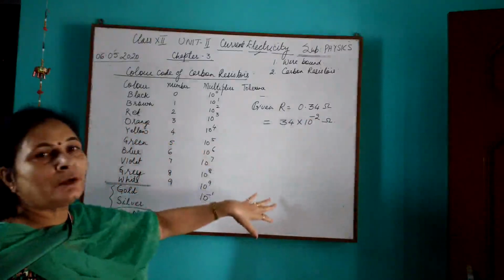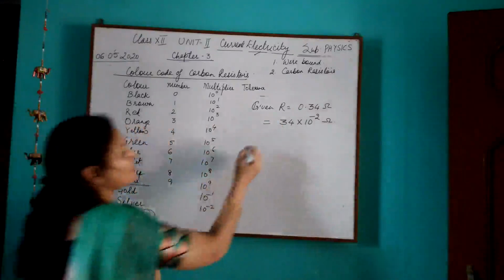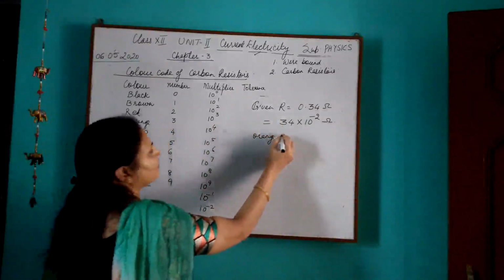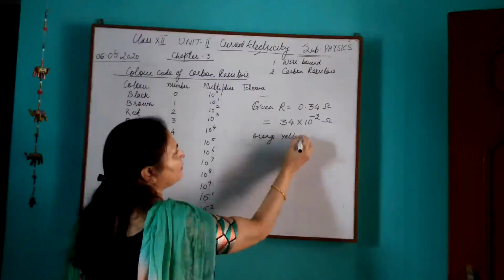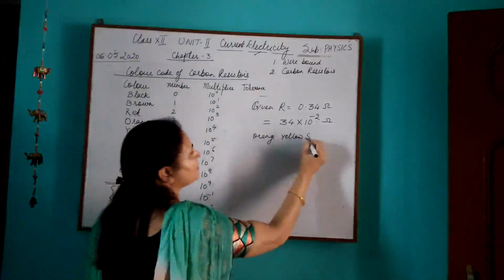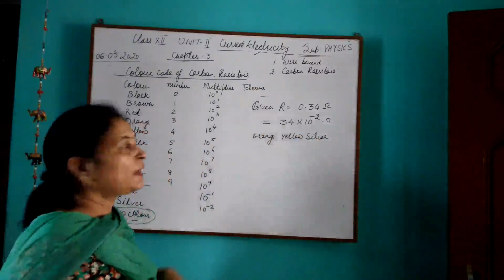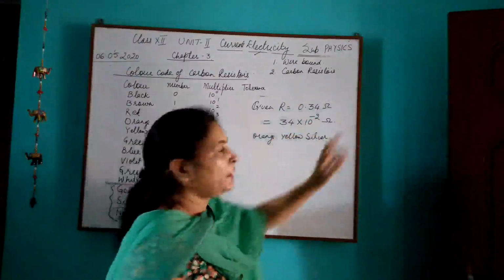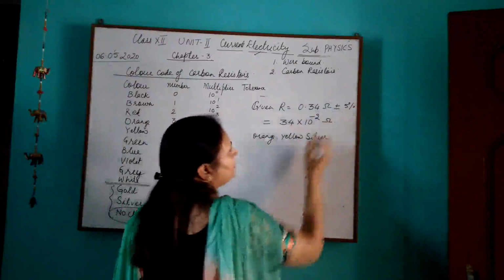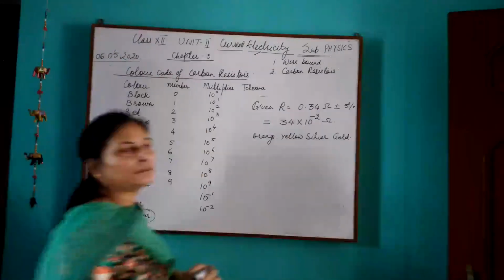And now you can find out the color code. 3 is orange, 4 is yellow, and then is 10 to the power -2. Third is silver. Tolerance will be given to you. Say it is 5%, then it will be gold.